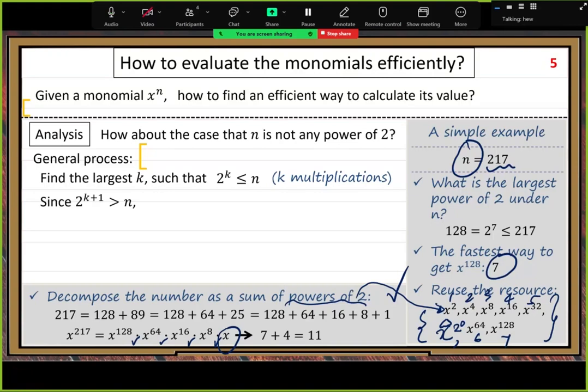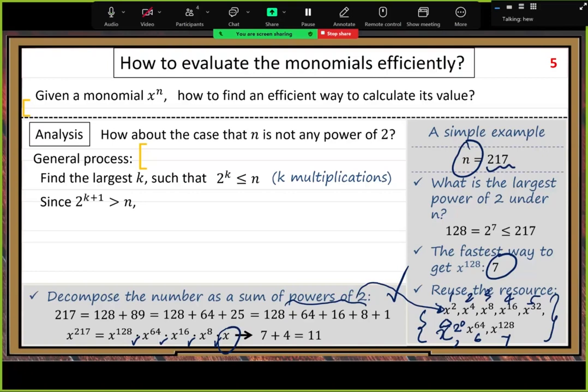In this situation, 2 to the k plus 1 must be strictly greater than n, because otherwise 2 to the k wouldn't be the largest power of 2 less than or equal to n.